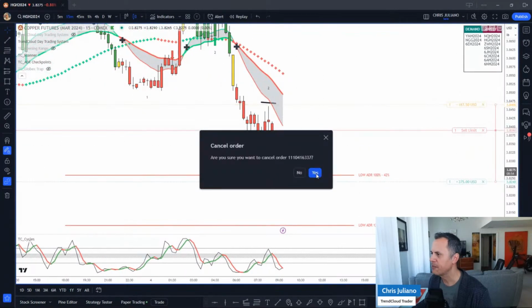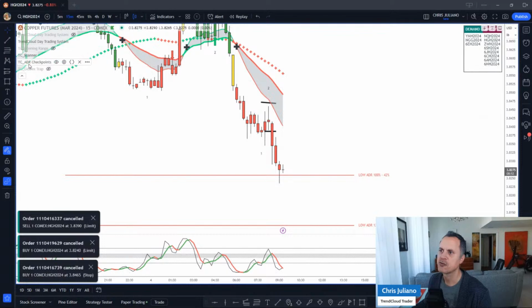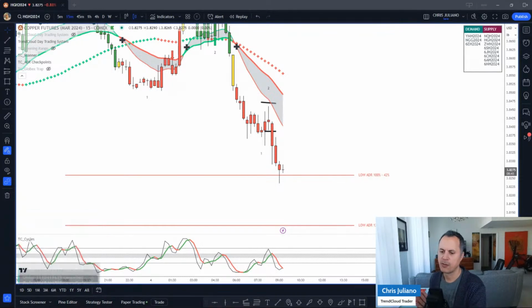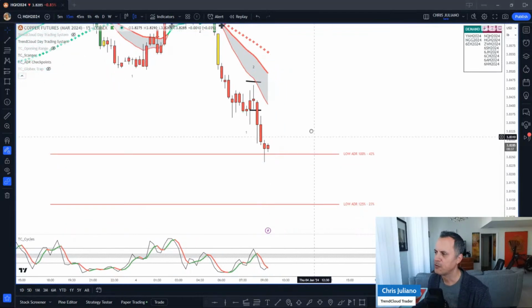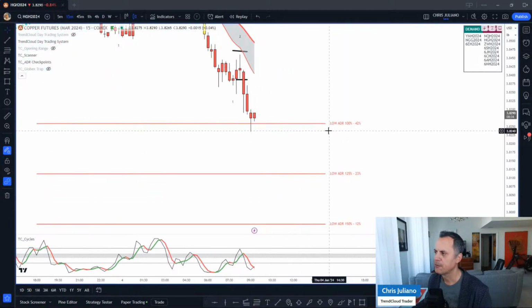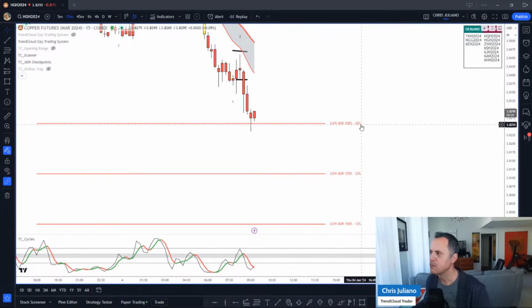So we missed the momentum trade. Next time, if you're looking at this, remember ADR, yes, average daily range. If you look at this, you'll see the first target, the first average daily range here. See this? It says 42% and 100%.